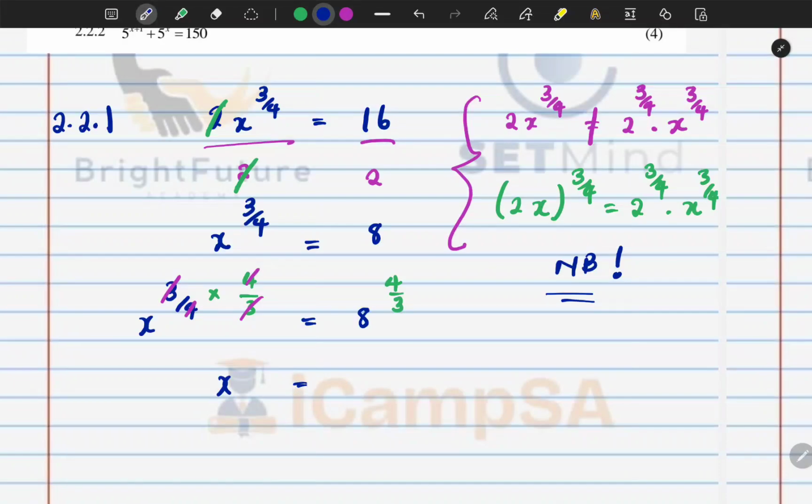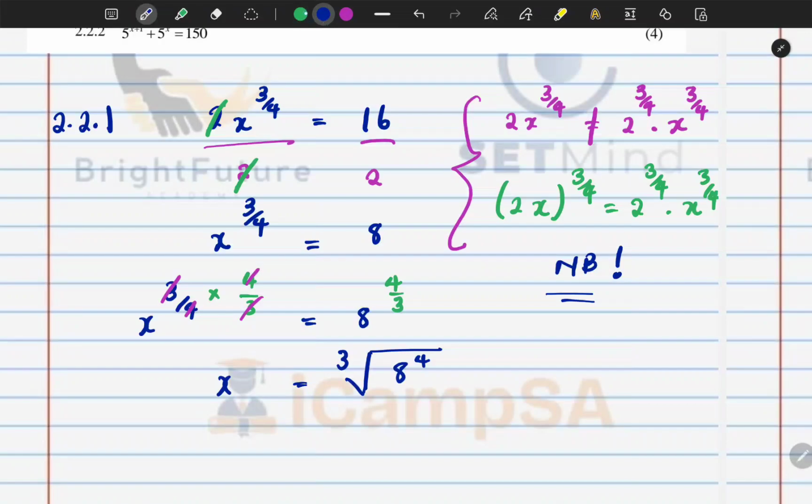Great. Now we need to simplify this, and it's very simple. This is going to be the same thing as the cube root, where this is going to be 3 and this is going to be 4.